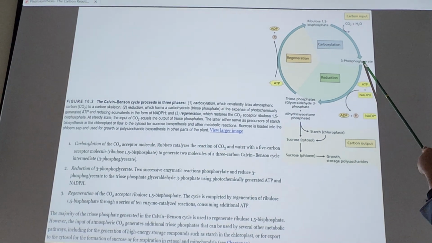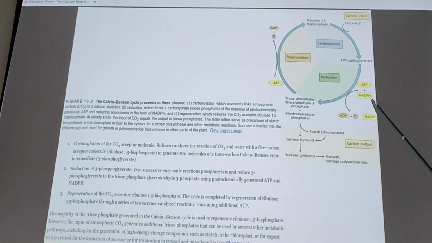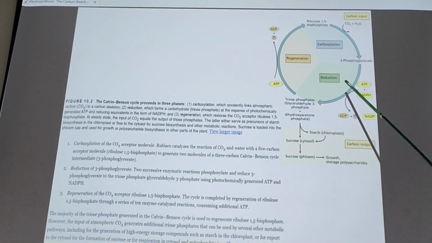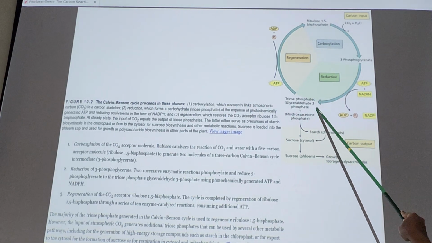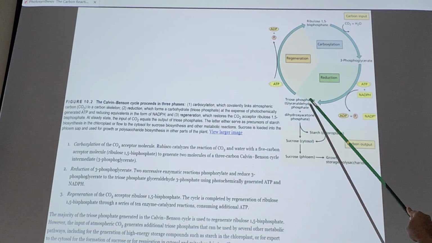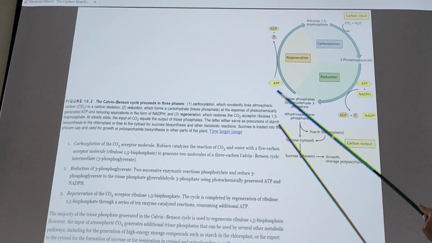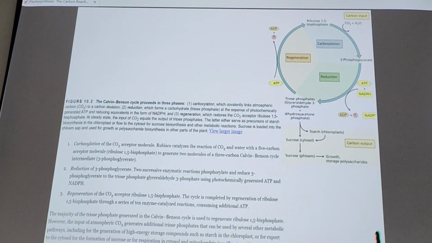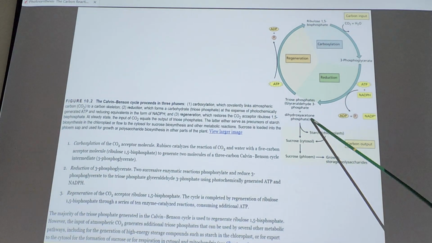Then these products enter the reduction with the help of ATP and NADPH. This is further changed into another new molecule called glyceraldehyde 3-phosphate. You see, the 3-phosphate is not changing. It just becomes a new thing due to the reduction acting upon it.